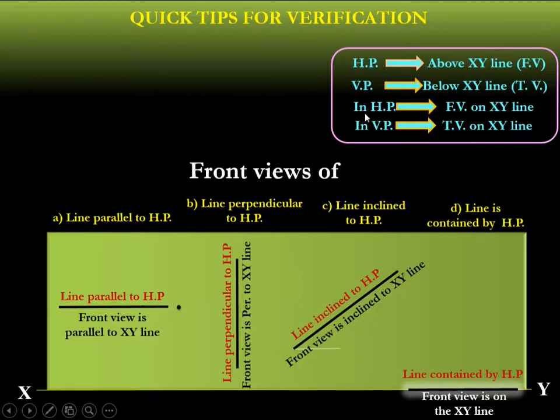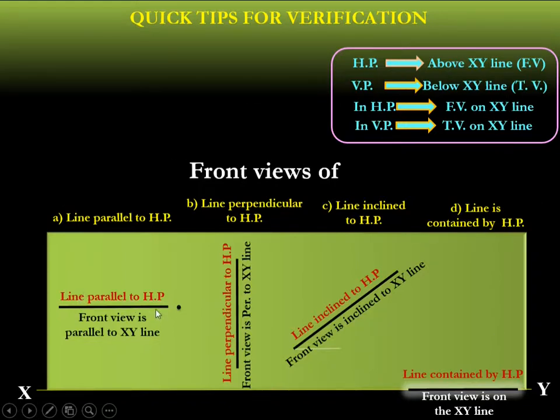Whenever the straight line is contained by horizontal plane or in the horizontal plane, the front view will be obtained on the XY line itself. Whenever the given straight line is contained by vertical plane, its top view will be obtained on the XY line itself. Whatever I have mentioned here is shown here.